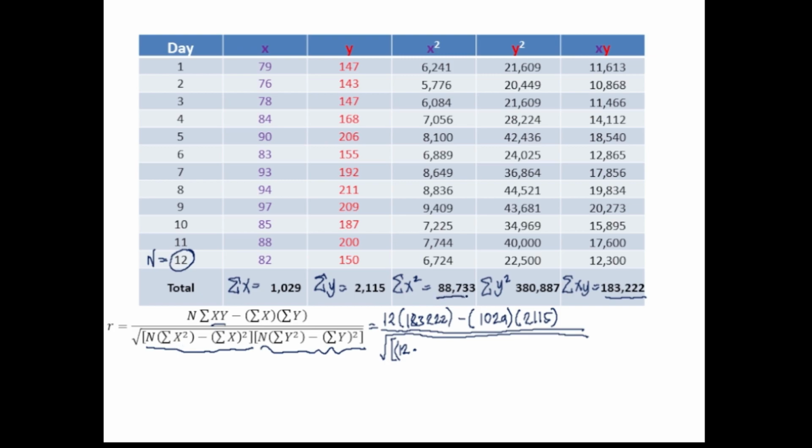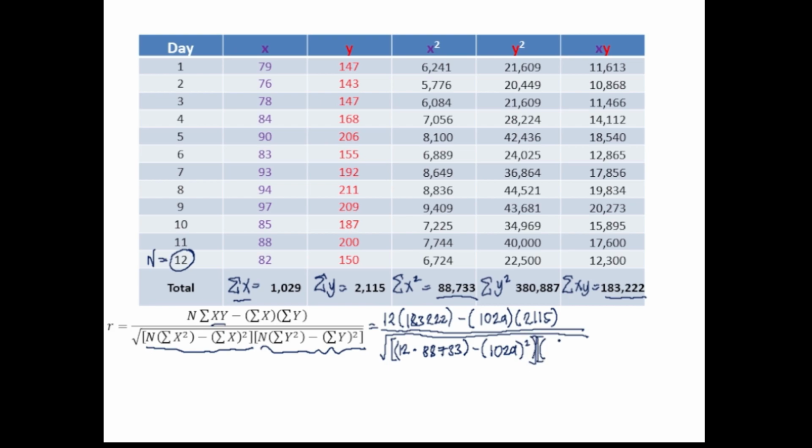Ito po yun. Summation of x square is 88,733. Okay, minus i-square down natin yung summation of x. Ito po. So ito ay 1,029 square. Okay.